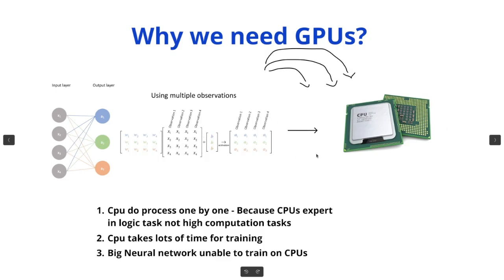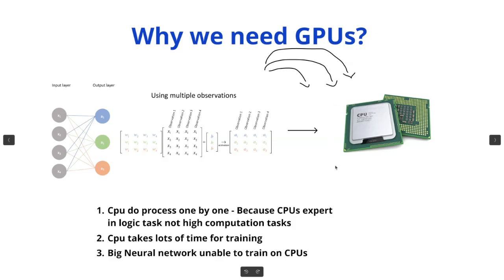On this bus you can only send one or two matrix multiplication operations at a time. This is just an example to demonstrate the difference between CPU and GPU. So in this arrow, or this bus, you can only send 1 to 2 matrix multiplications.